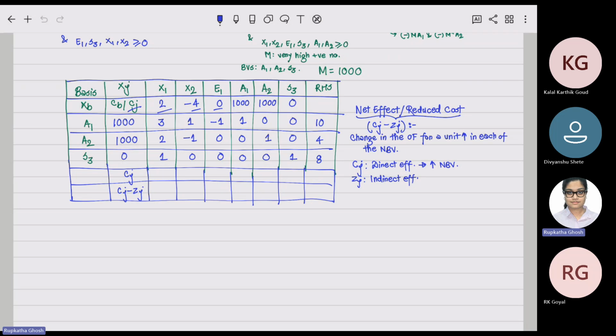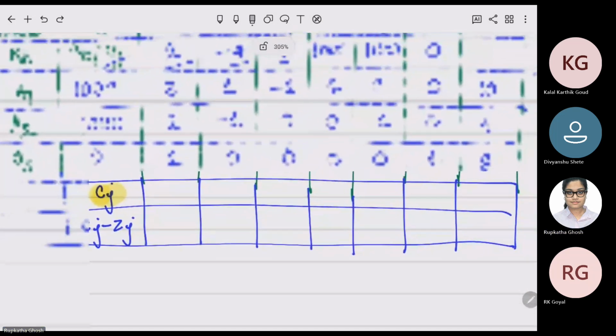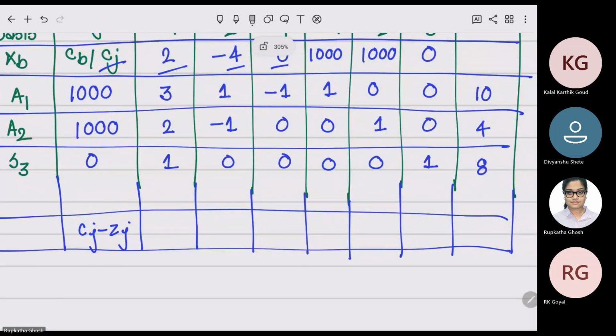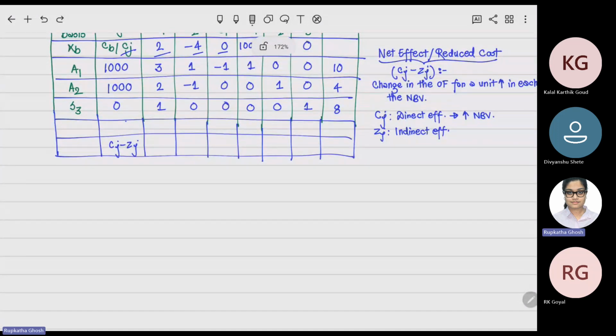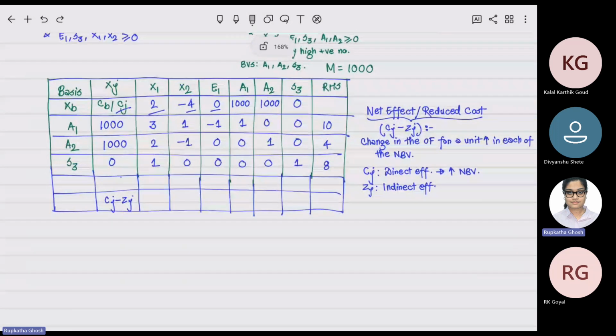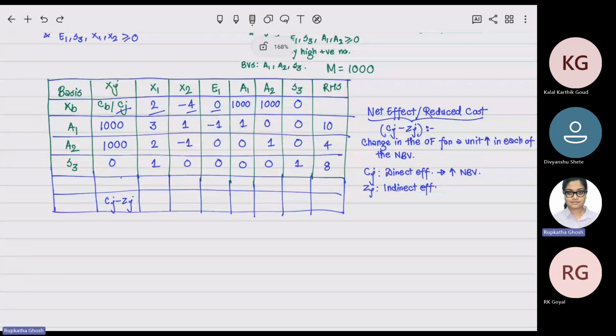Okay. So in our notation, we won't be calculating Cj first, because Cj is already there, right?